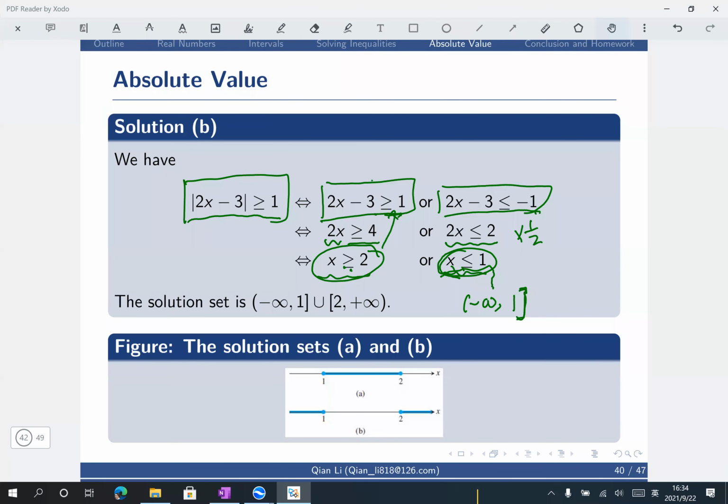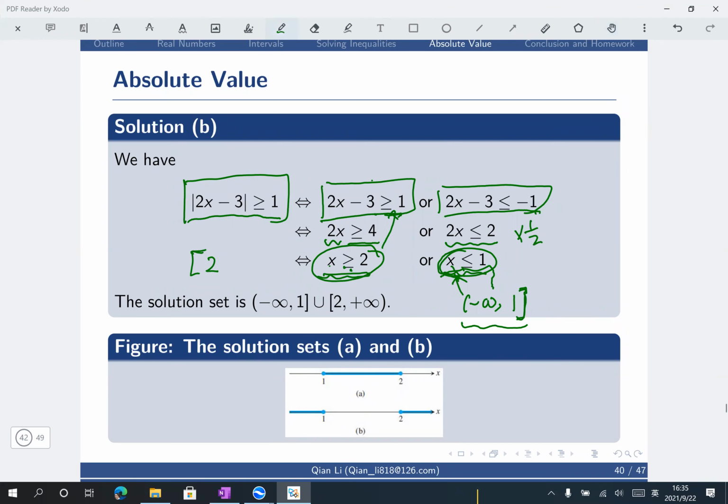So this is the interval for this solution. And let's say this is x larger than or equal to 2. So every number larger than 2 is a solution for this inequality, and also it can equal 2.